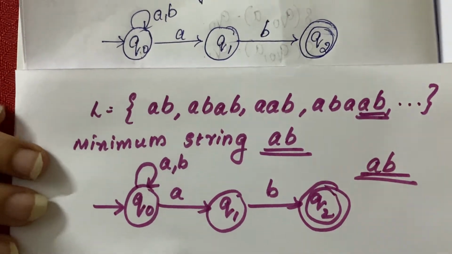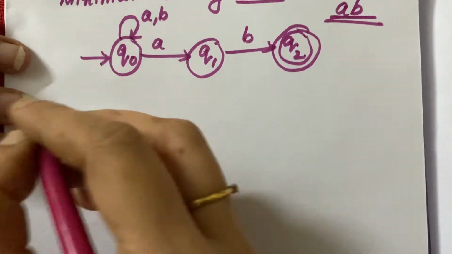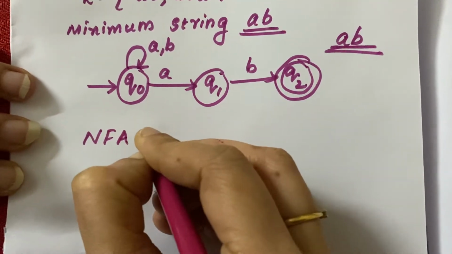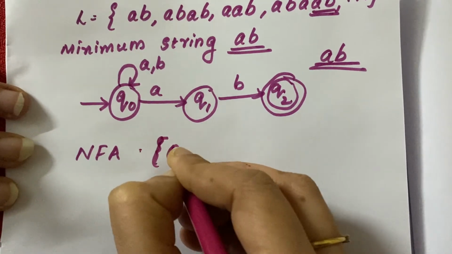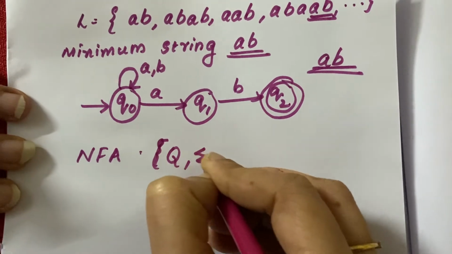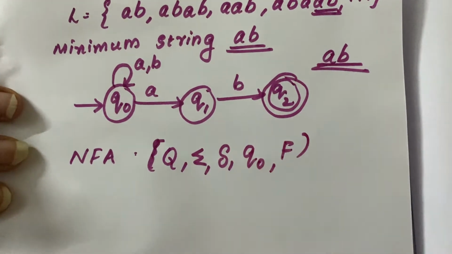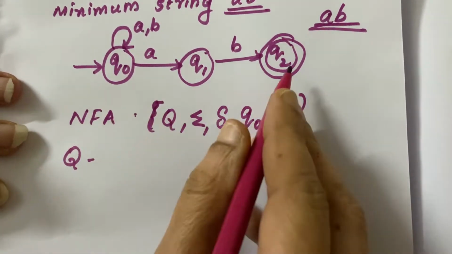Now we will see the mathematical representation. For the non-deterministic finite automata, the mathematical representation is a 5-tuple: Q, sigma, delta, Q0 and F. Q is the set of states used in your NFA.